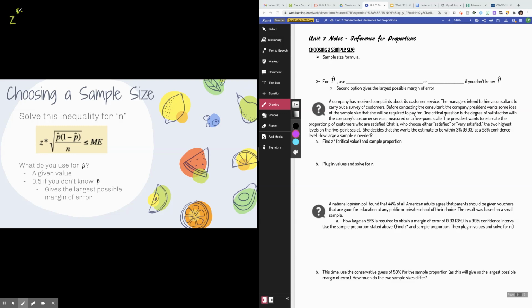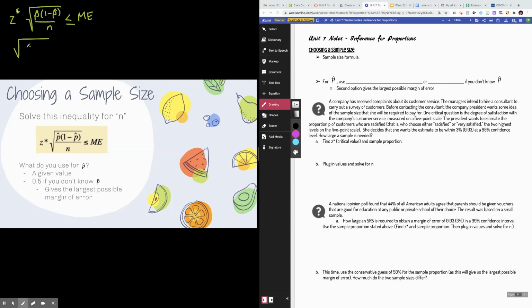Okay, so I'm starting with z star times the square root of p hat (1 minus p hat) divided by n, and I want that to be less than or equal to the given margin of error. First thing I'm going to do is divide by z star on both sides.